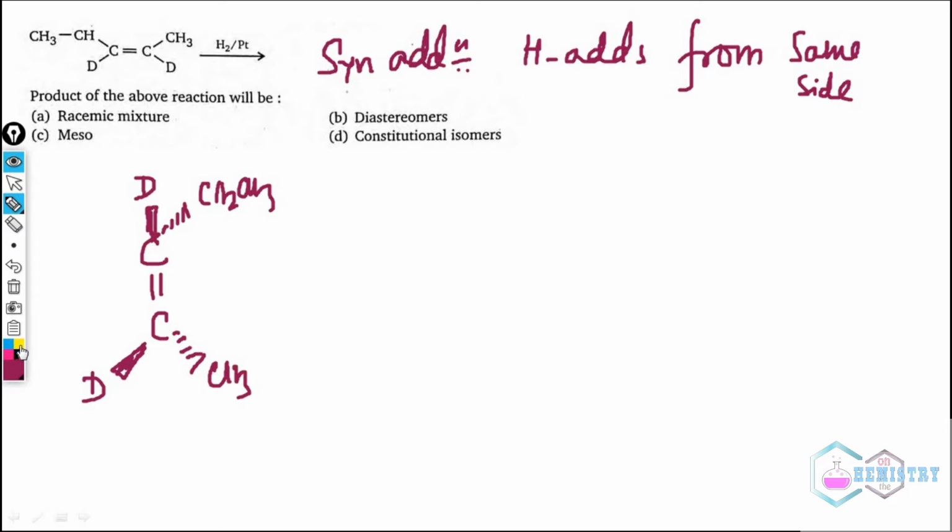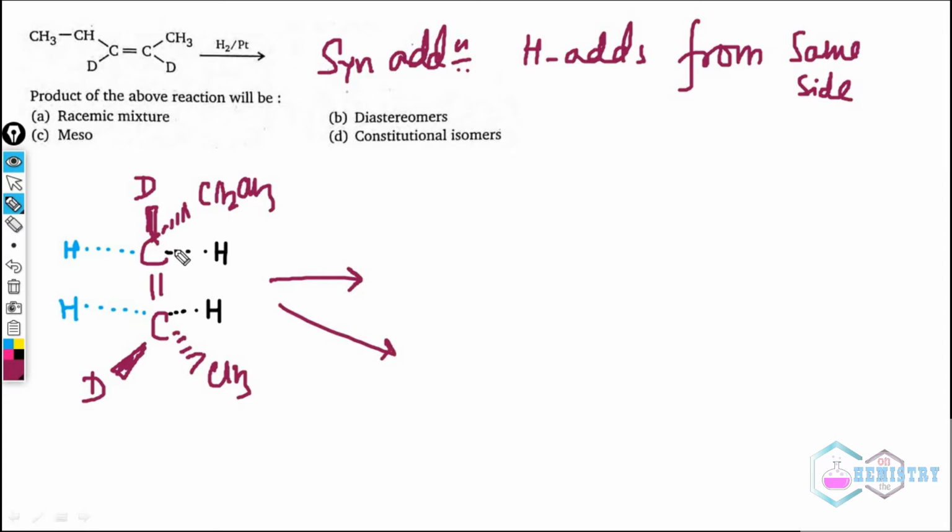So if we add hydrogen, both the hydrogens can add from this side, or the hydrogens can add from this side. So if this side hydrogenation occurs, or if from this side hydrogenation occurs, we will get two different compounds. So what will be the compounds? We will draw two structures.